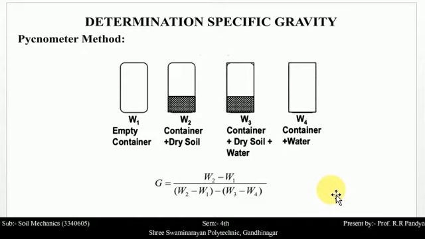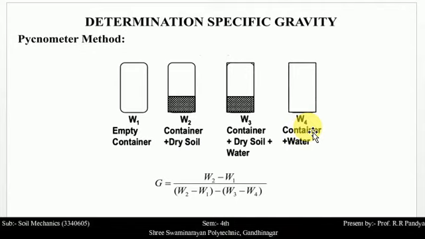Similarly, take the empty container W1 and fill it properly with distilled water up to the top and weigh it. Give it the name W4. Now you have all the weights of W1, W2, W3 and W4.